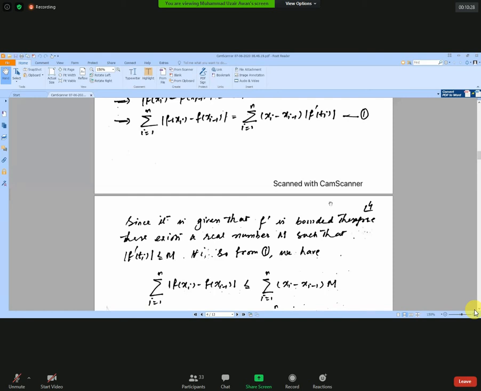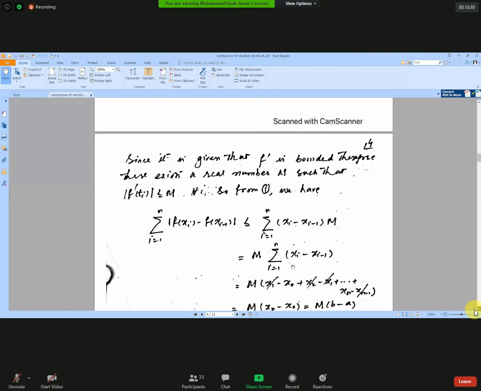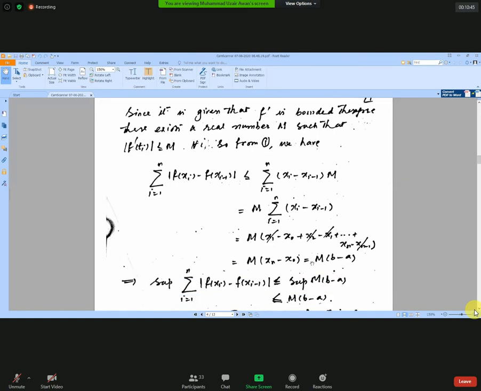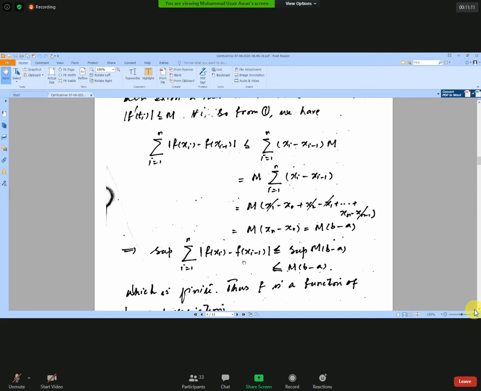So from 1 में हम capital M को पुट कर देते हैं, हमारे पास यहाँ less or equal to आ जाएगा m को अगर हम बाहर निकालें समेशन से, देन समेशन अप्लाई करें तो हमारे पास आ जाएगा xn माइनस x नॉट। xn होता है हमारे पास b, x नॉट होता है हमारे पास a। अब दोनों तरफ सुप्रीमम ले लें तो we have supremum summation I is equal to 1 to n absolute f of xi minus f of xi minus 1, which is less or equal to supremum m into b minus a। ठीक होगा, इसका सुप्रीमम भी m into b minus a होगा। So this shows that the total variation of the function f is a finite quantity, that is m into b minus a.